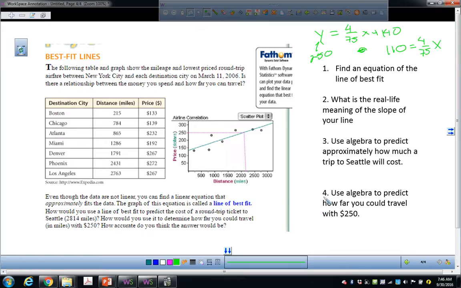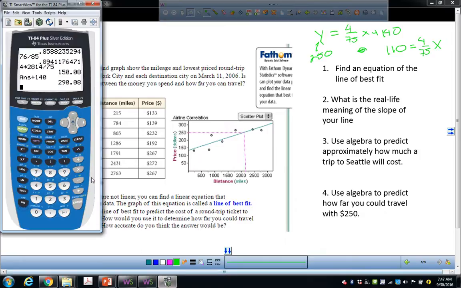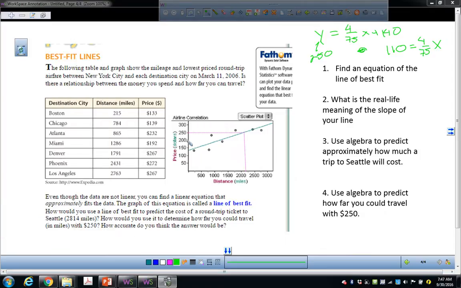Did I do that right? Subtracted that. How do I do that? I have to multiply by 75 and divide by 4. I can do that. So I'm going to go 110 times 75 divided by 4 equals 2,062, right?